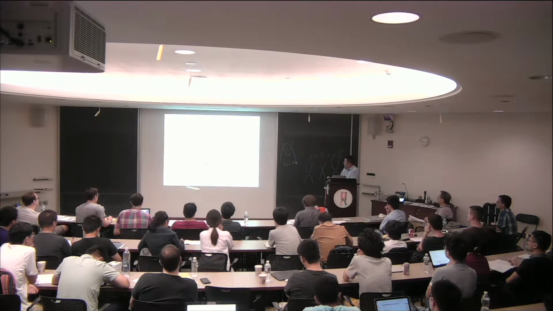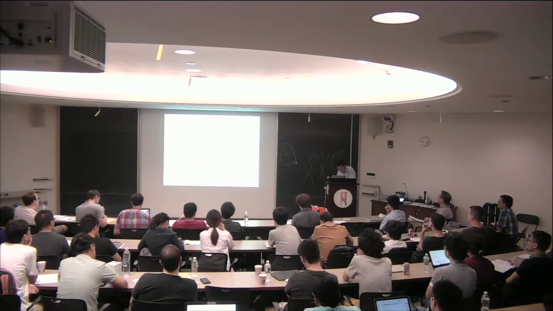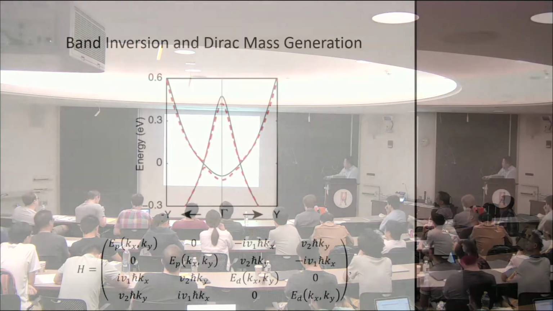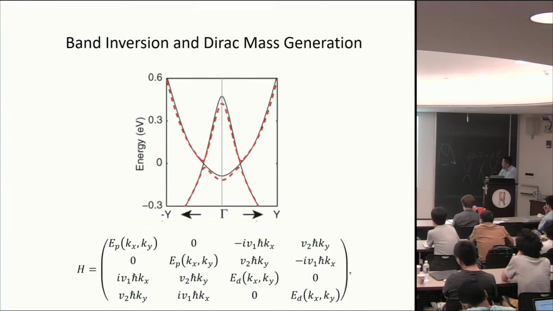If you take this model, there are parabolic bands for the d orbital and parabolic bands for the p orbital, and then there is this term V1, which is without spin-orbit coupling. With these diagonal terms and the V1 term, it generates Dirac points, very much like in graphene. But then the V2 term is the spin-orbit term, and that generates mass at the two Dirac points with opposite sign.